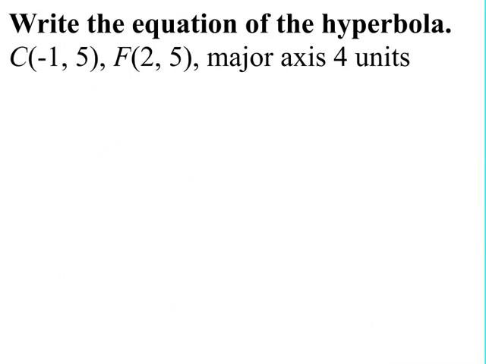Okay, so now let's write some equations. Write the equation of the hyperbola. Center is at -1, 5, focus is at 2, 5, and the major axis is 4 units. Okay, so let's think about something. The center's at negative 1, 5. This doesn't have to be a fancy graph, but let's just go ahead and draw something like that.